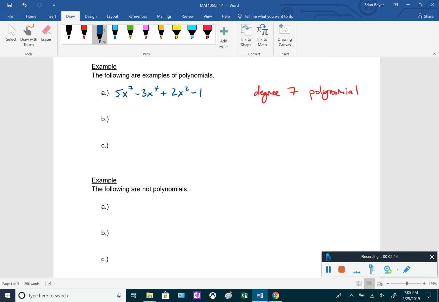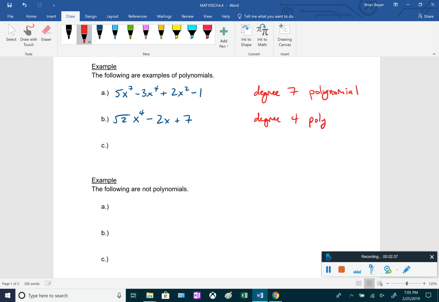Okay, something else might be like radical 2 x to the 4th minus 2x plus 7. Polynomial, all real number coefficients, positive whole number exponents. And then we would say this is a degree 4 polynomial.